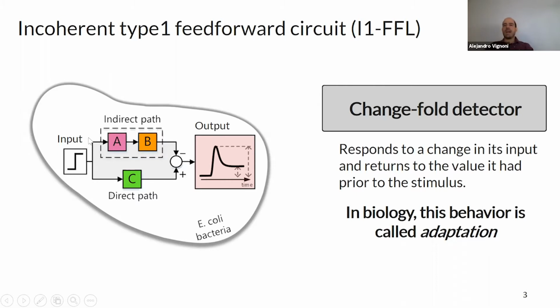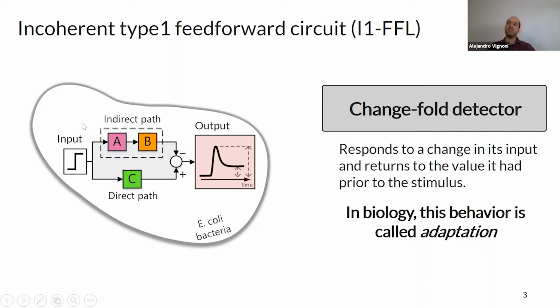And then there is an indirect path, which in response to a stimulus has a negative response in the output, which means it makes it go down. But this path is a slower path because it is made by two elements, so it reaches the output later than the direct path.